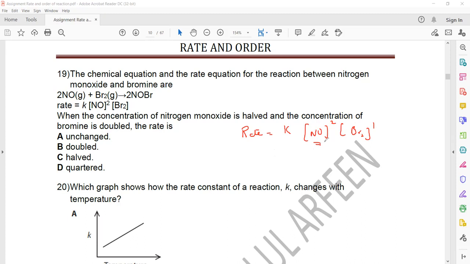But here the concentration is halved, so the rate should be divided by 4, because it is second order with respect to nitrogen monoxide. If the original rate is x, that should be divided by 4. With respect to bromine, it is first order, so if it is doubled, the rate will be doubled. So 2 over 4, and when we solve this, the final answer will be rate by 2. So the original rate will become half.